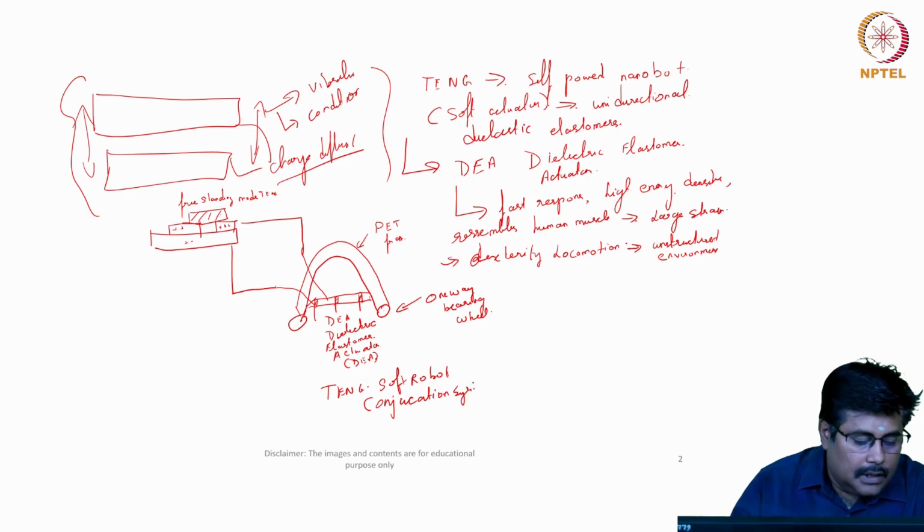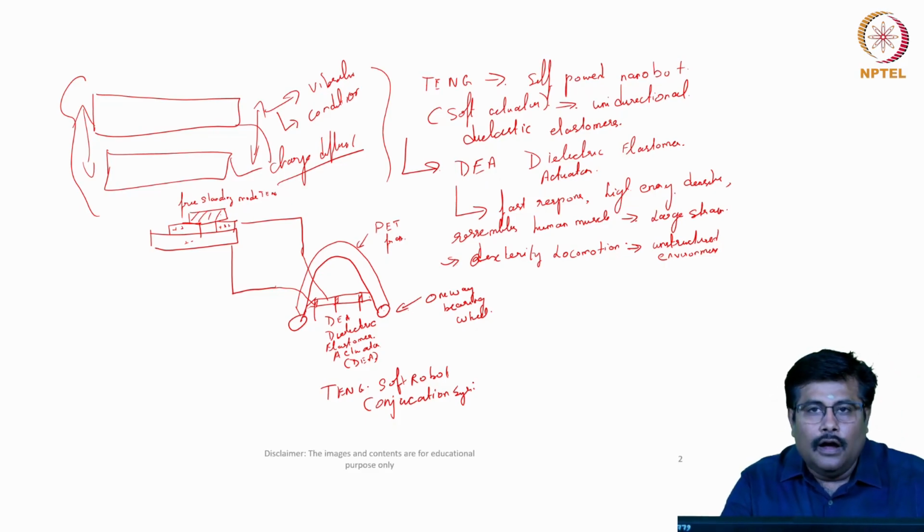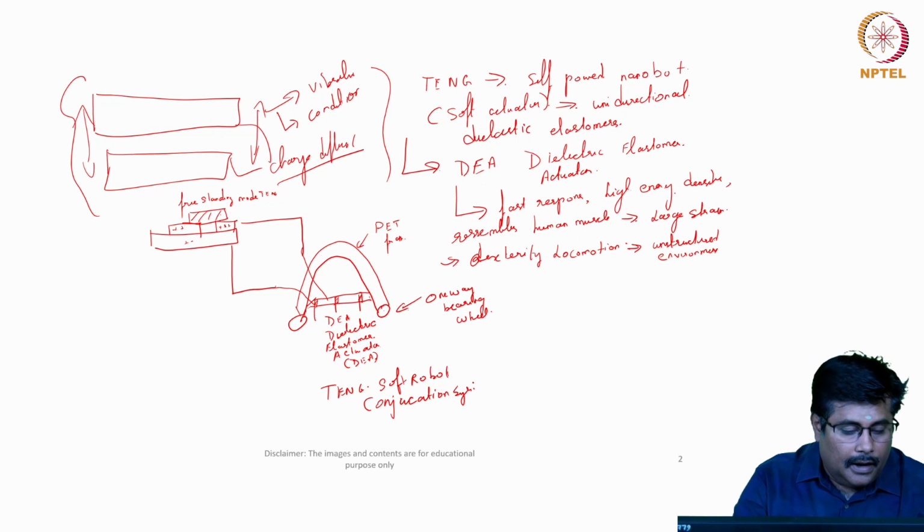In this soft robot conjugation system, a freestanding TENG is directly connected to the soft robot, and the soft robot is composed of a dielectric elastomer actuator, a compliant arc-shaped body, and 3 one-way bearing wheels.